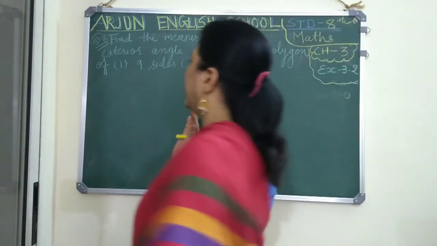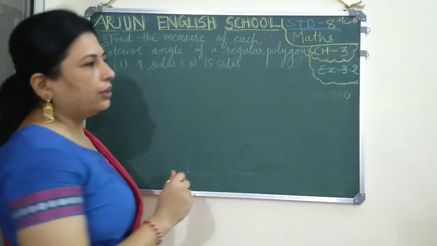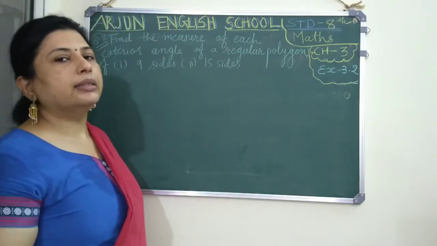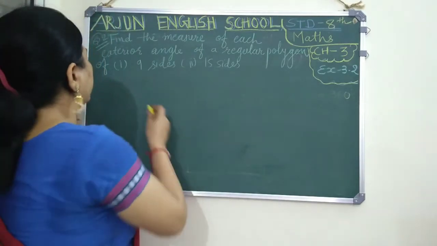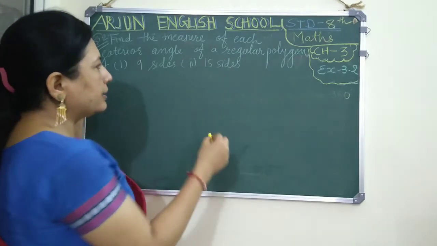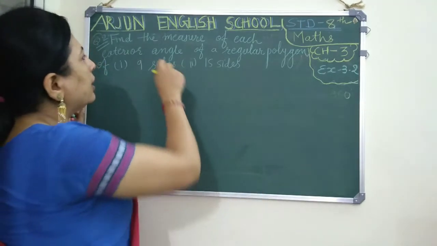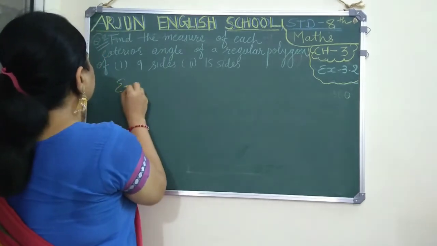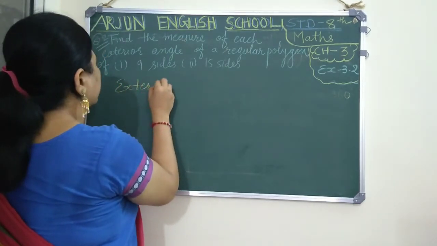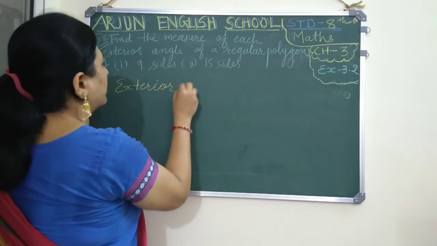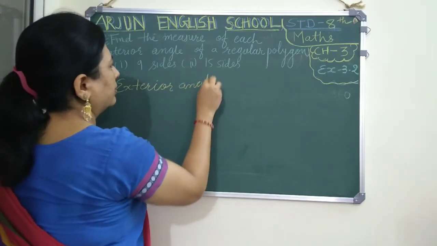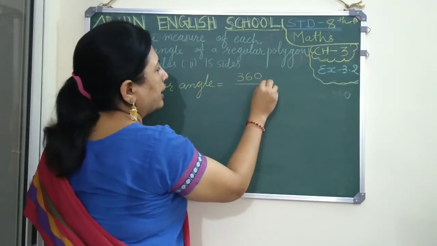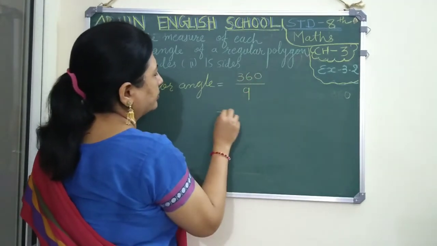That means 9 angles are there, and we know that the sum of the external angles is 360. Therefore, let us find out each exterior angle. For that, it is equal to 360 divided by 9.